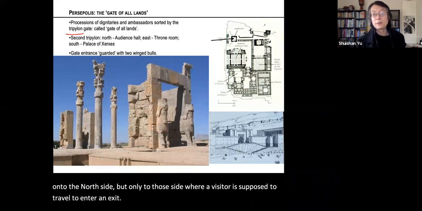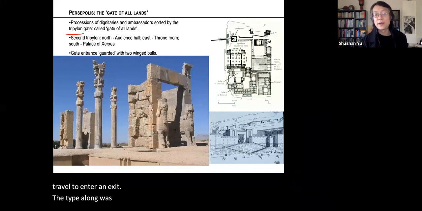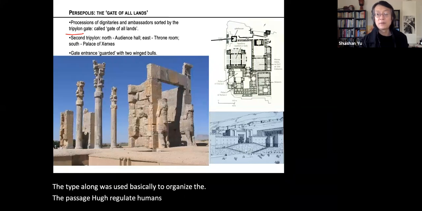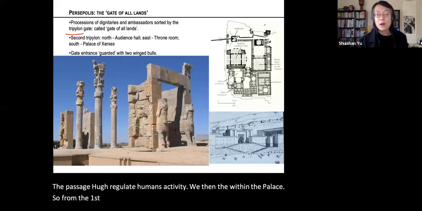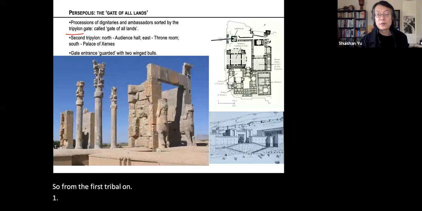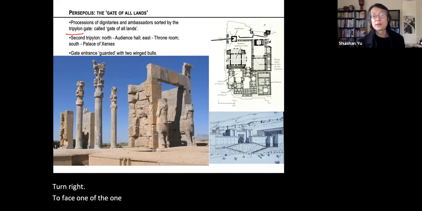The tripylon was used basically to organize the passage and regulate human activity within the palace. So from the first tripylon, one turns right to face one of the major ceremonial halls.